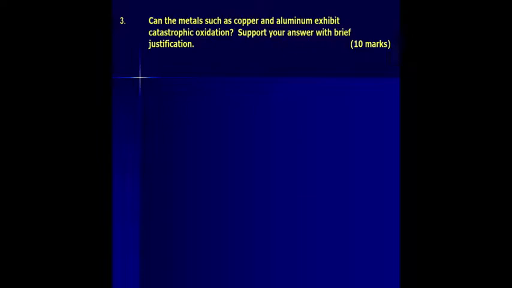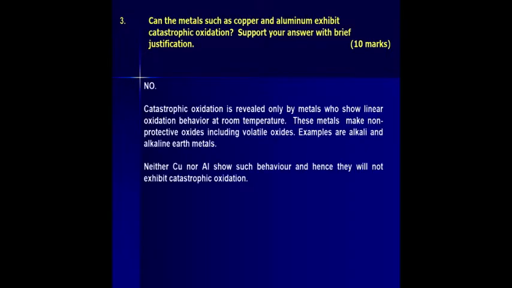They follow either logarithmic or parabolic laws. And catastrophic oxidation is exhibited by the materials that exhibit linear law. That means their oxide layer is not protective. So if you know the fundamental definition of catastrophic oxidation, your answer should be an immediate no. So if you have written this, you should have got full marks. It's directly from the lecture notes.